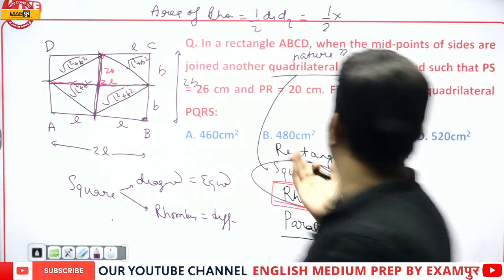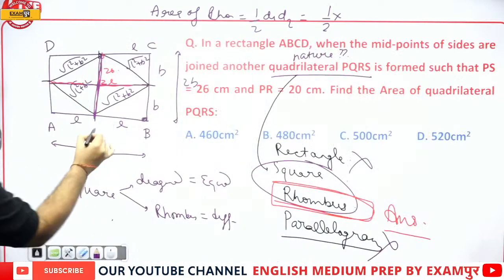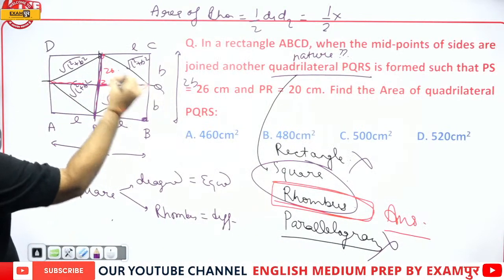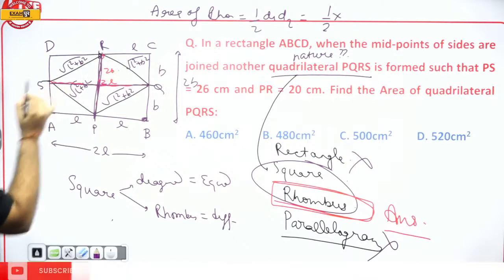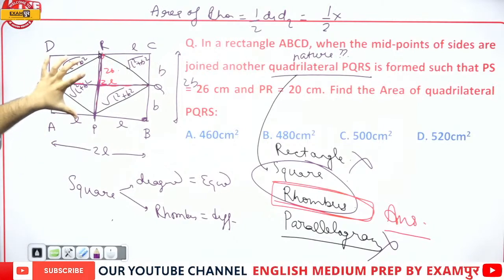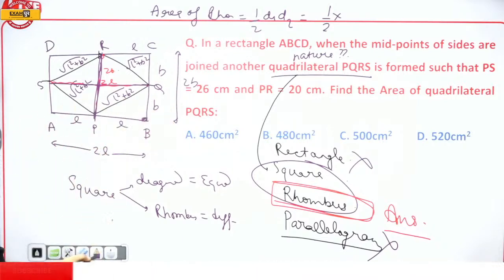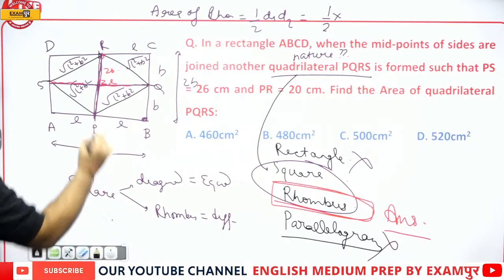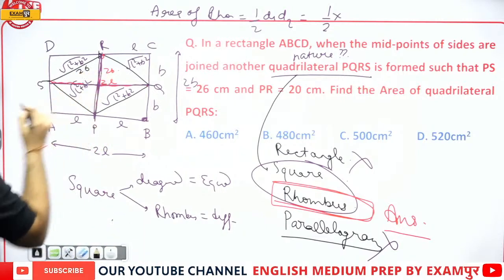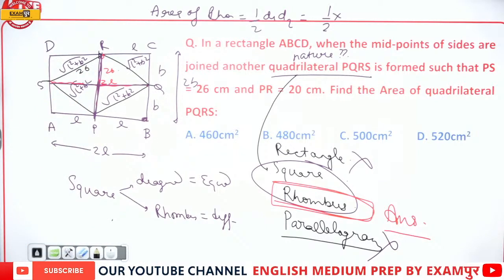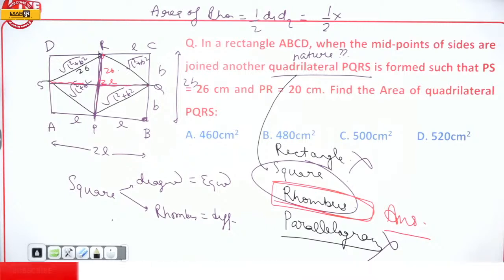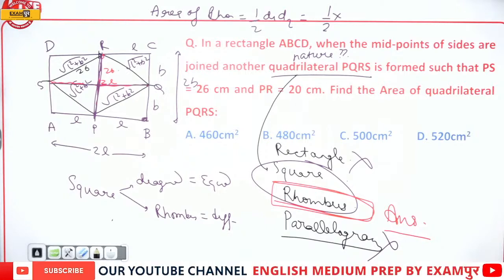I think the values are given, na? P, Q, R, S. They have given the side PS as 26. And they have given PR, this complete side, as 20.